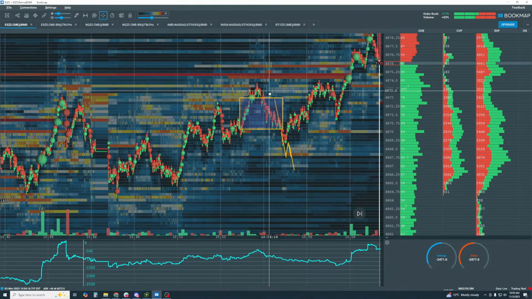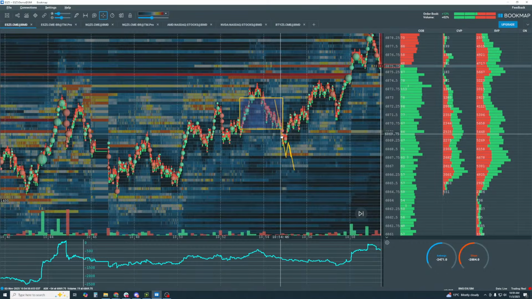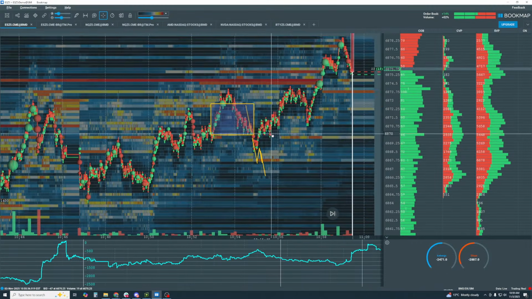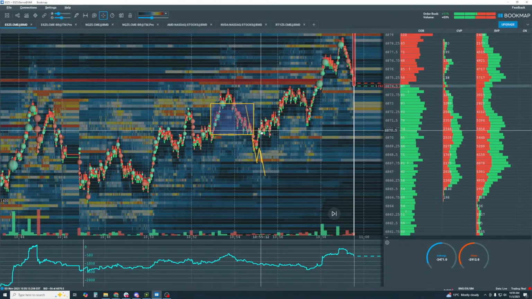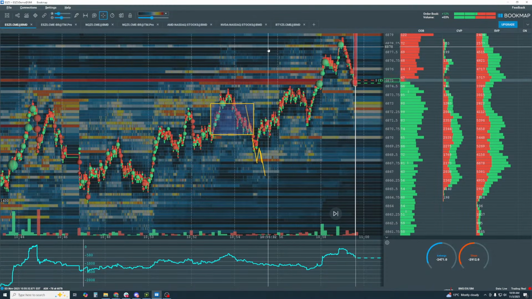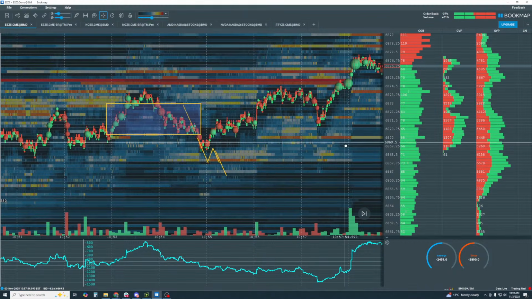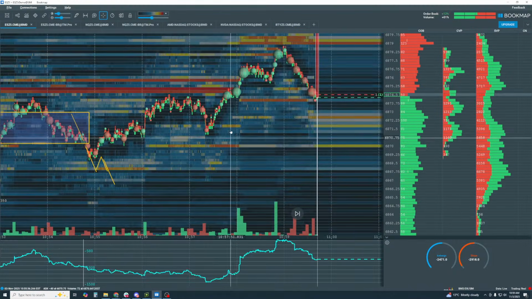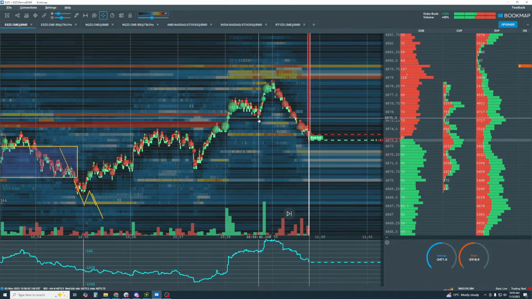Okay, so this move in here is beautiful. In fact, right here that I just showed. This failed and came back in, other side, and even price discovery. And here's another low volume pullback in here.